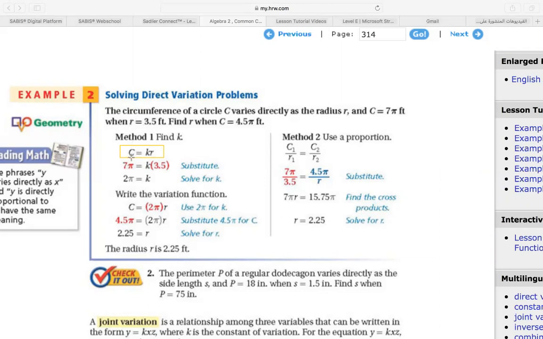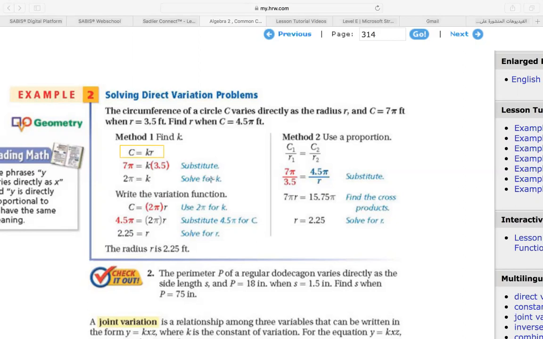So I'm going to substitute the value of C, which is 7 pi, and r, which is 3.5, to get the value of K. So 7 pi is equal to 3.5 K. To get rid of 3.5, divide both sides by 3.5. When I divide 7 by 3.5, I will get 2. So 2 pi is equal to K.